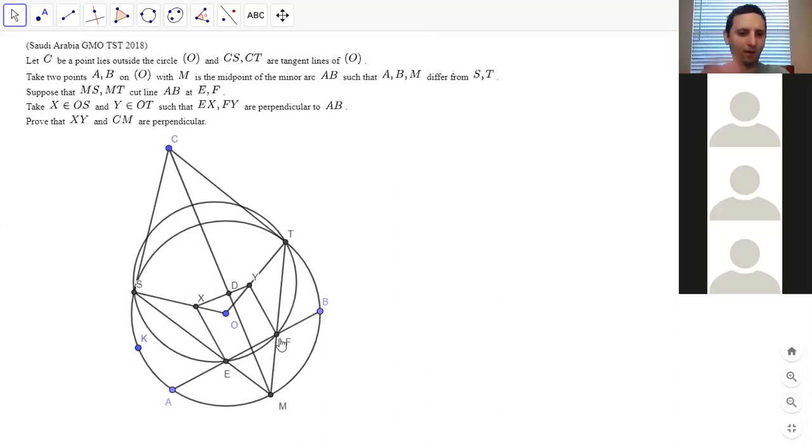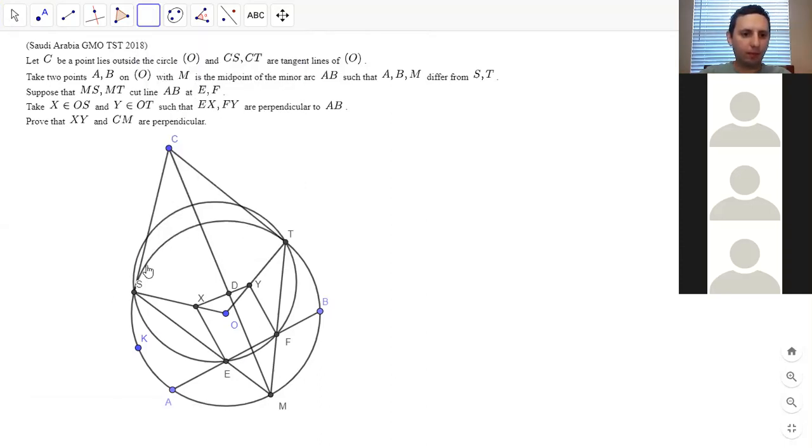Ah, okay. Yeah. And you can make some circle, because SY is the line that passes through maybe two circles.